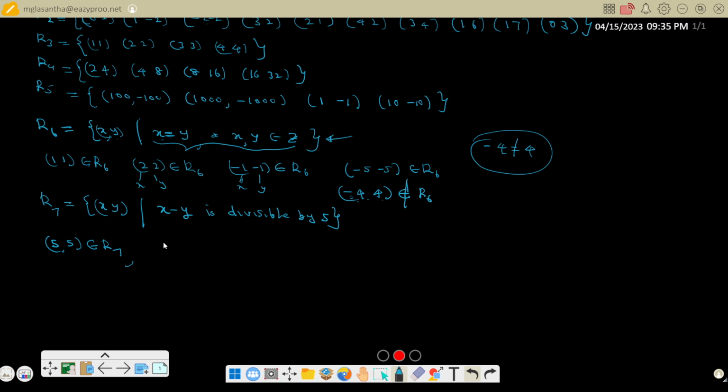If you take (7, 2), it belongs to R7. Why? Because 7 minus 2 equals 5, and 5 is divisible by 5.